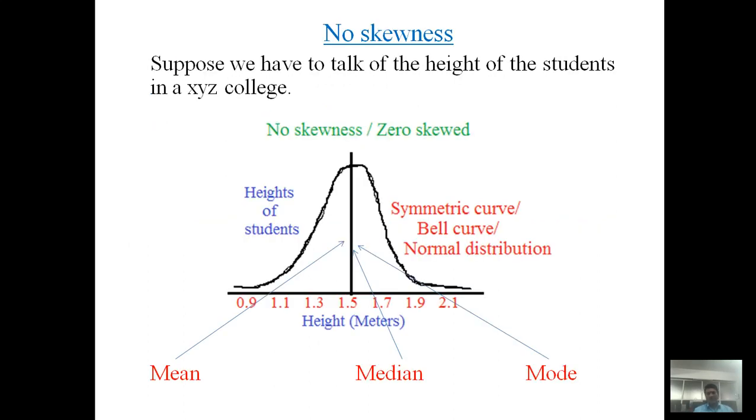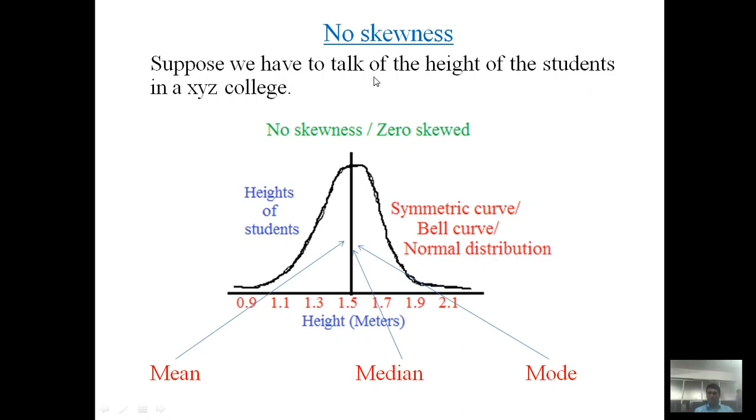Let's start with the first type of skewness, that is no skewness. When can we say that the given data has no skewness? To understand it, let's consider a basic example.